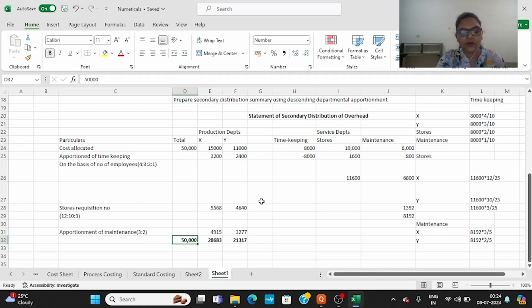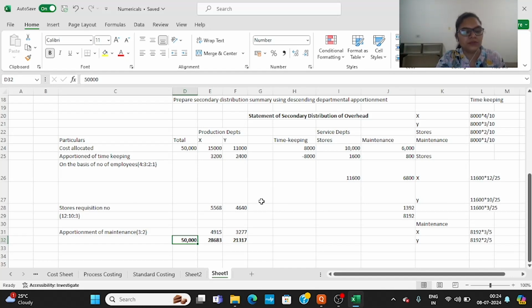The overhead of the service cost center ranked second would then be apportioned to all cost centers except the service cost center ranked first. In this manner, the cost of other service centers are apportioned. This method is termed the secondary distribution method.